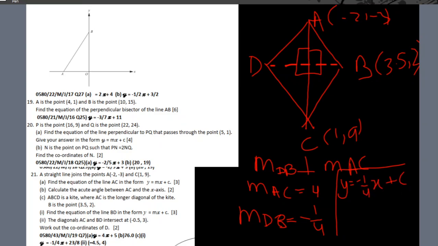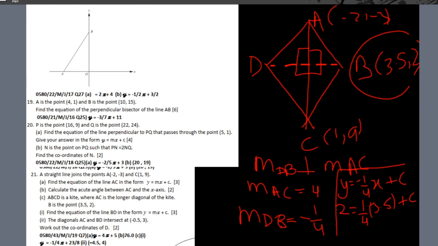Now we need a point on DB, and that's the point B, which is (3.5, 2), so 2 = -1/4 times 3.5 + c. Okay, again I made a mistake.